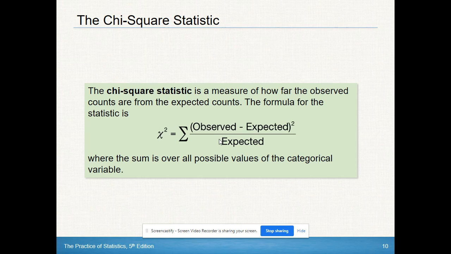And it's always this: the sum of the observed values minus the expected values, squared, all divided by the expected. The reason that we're squaring it is because we want to look at our distances, and we don't want those distances to be negative. It's kind of like a standard deviation thing.